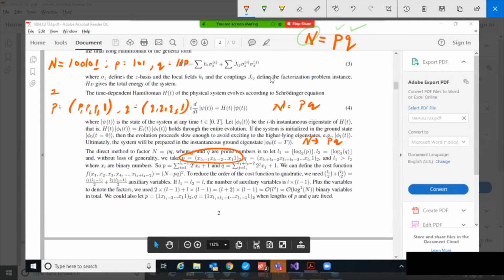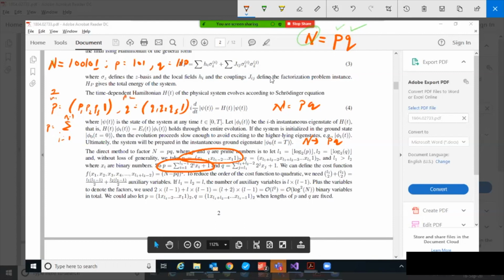Since we write it in this form, we can write p in this format also: p equals the sum from i equals 1 to n1 minus 1, where n1 is the number of digits in p and n2 is the number of digits in q.